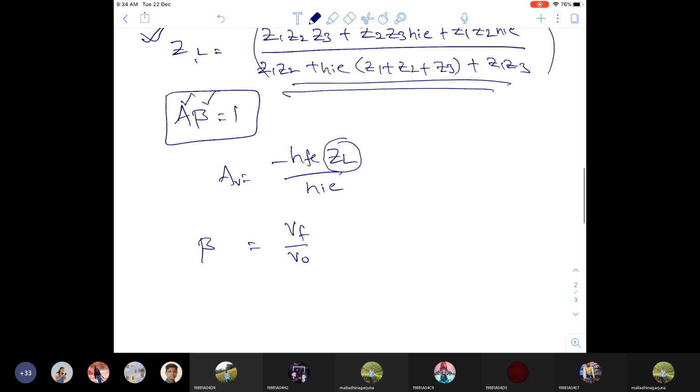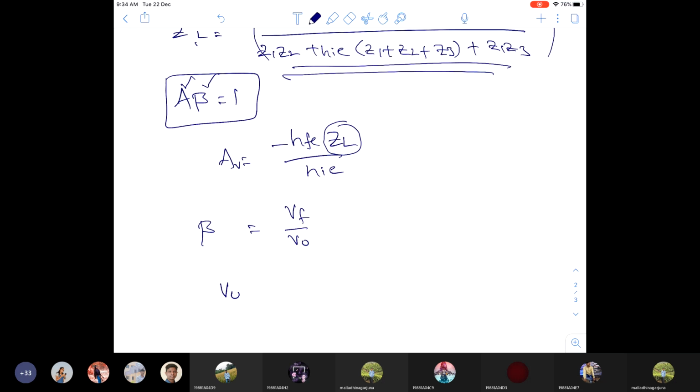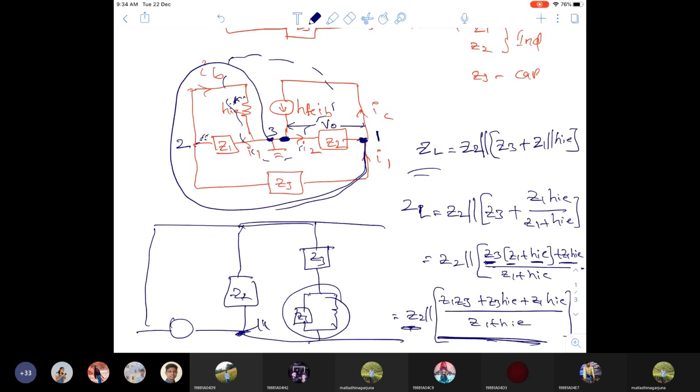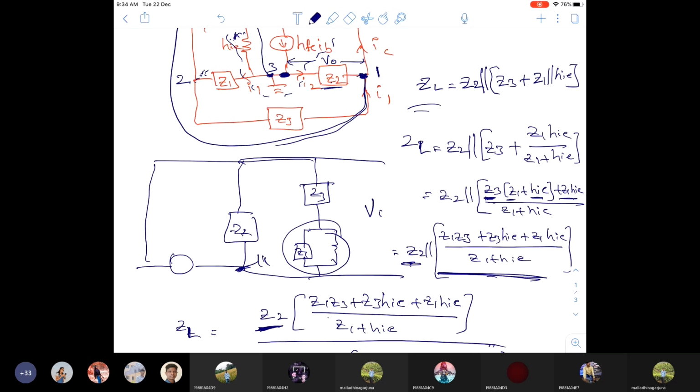This is the one. So from this V naught is nothing but, so now come back. Where is V naught here? So V naught is taken across Z2. Am I right? V naught is taken across the Z2. Look at this portion. So this is V naught. So anyway Z2 is parallel with Z3 plus this parallel combination.